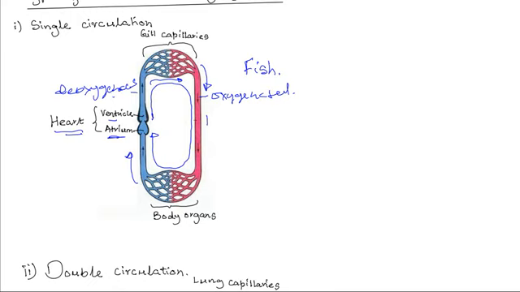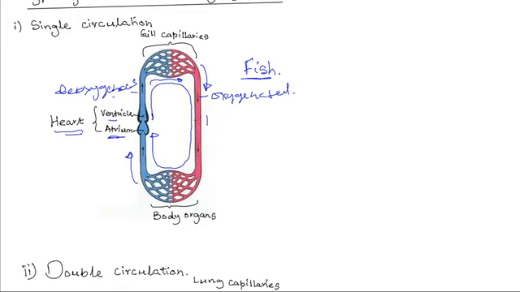So this tends to make the fish less active, such that they cannot maintain vigorous activity for a long period of time, because the blood flows through their body tissues at a relatively slow pace. So that means that the rate at which nutrients are brought to the tissues and waste products carried away is rather slow. So that really limits their activity.